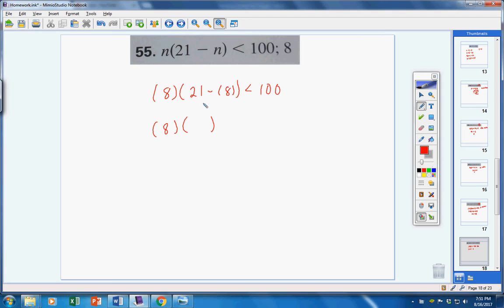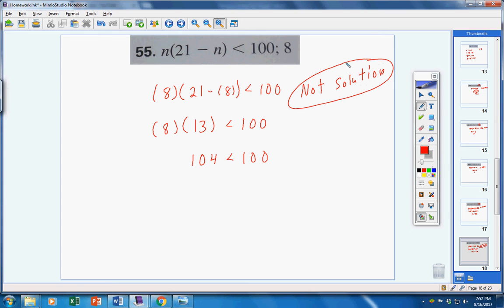So let's do that quickly. 21 minus 8 is 13. 8 times 13, 104. Is 104 less than 100? No, it's not. 104 is greater than 100. So this is a false statement. So the number 8 is not a solution for the given inequality.